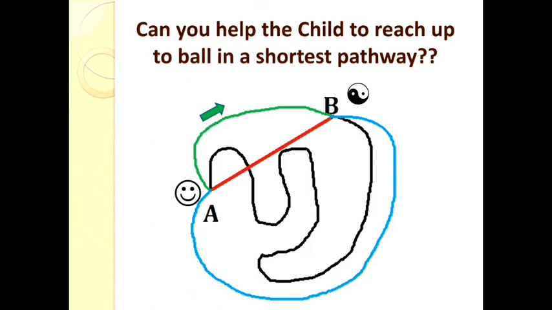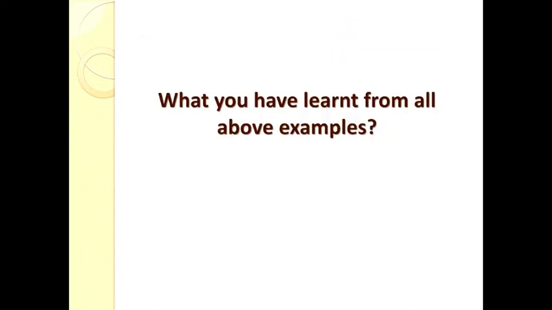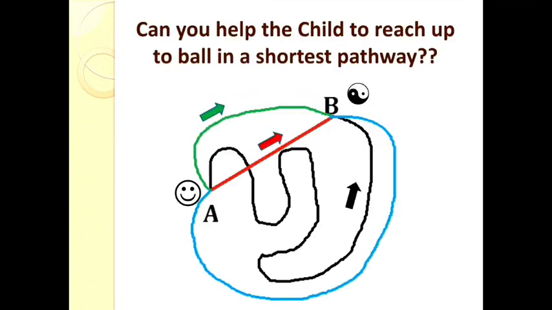In which pathway does the child have to cover the shortest distance? Whether green or red or black, or the last, which is shown with the help of blue color. If the child goes on the red path, the child will reach in the shortest way.